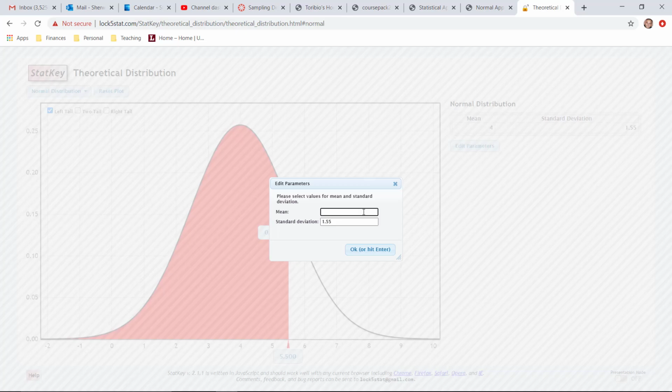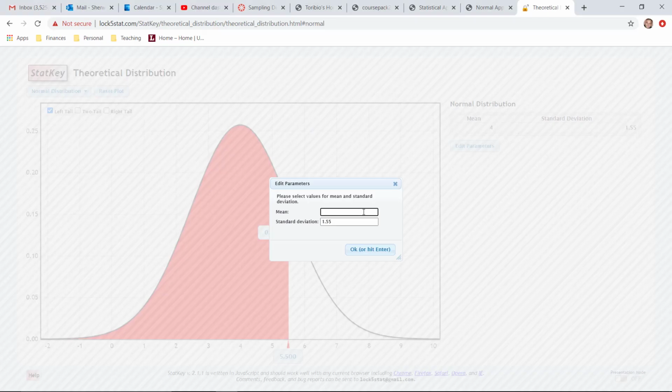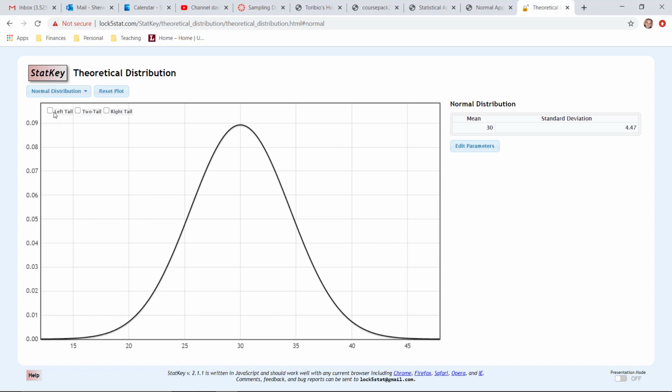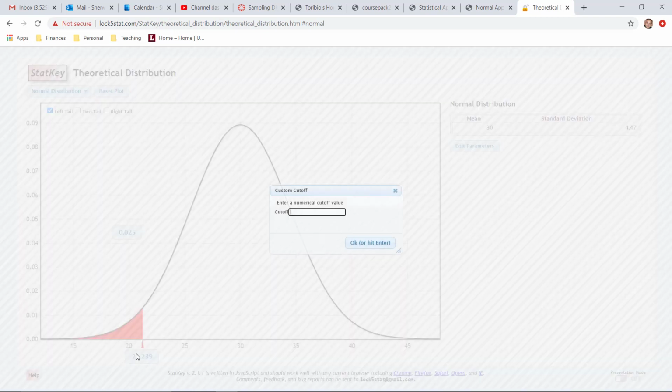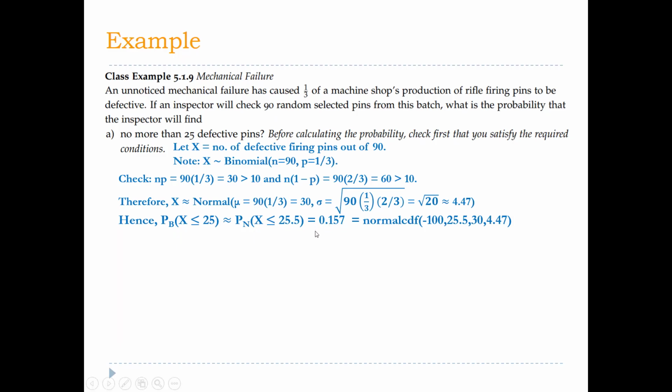The mean is 30, and the standard deviation is 4.47, and we want to find the area to the left of 25.5, giving us an area of 0.157, and that's how I got that.